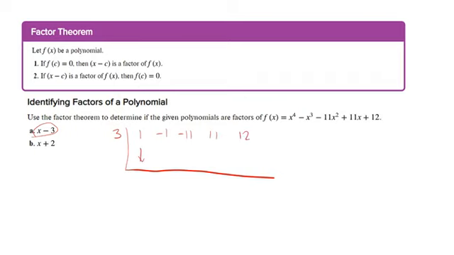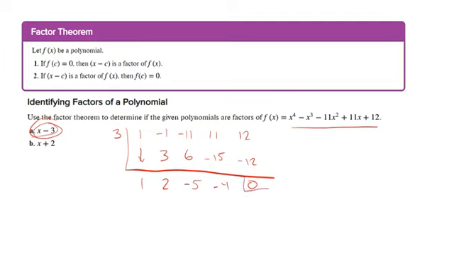Bring the first number down. 3 times 1 is 3. When we add, we get 2, and then 6, and negative 5, negative 15, and negative 4. 3 times negative 4 is negative 12, and we're left with 0. So that means x minus 3 is a factor of this polynomial, because the remainder is 0.